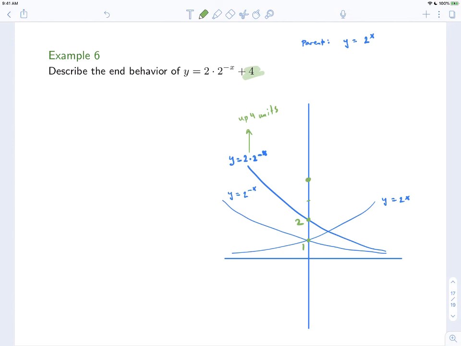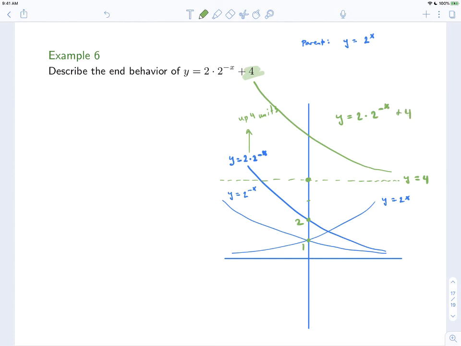So that's where y equals 4. So this is our horizontal axis, y equals 4. So I'm going to take this graph and shift it up by 4 units. So it's just going to look something like that. So this is y equals 2 times 2 to the negative x plus 4.